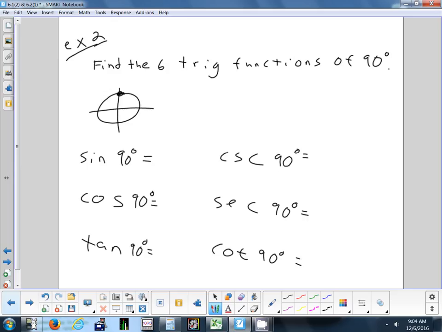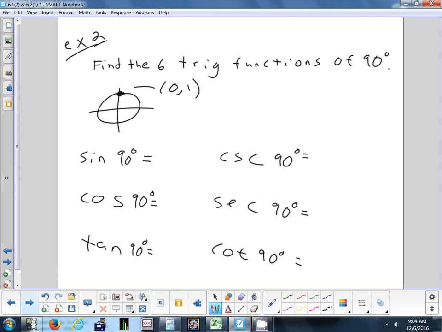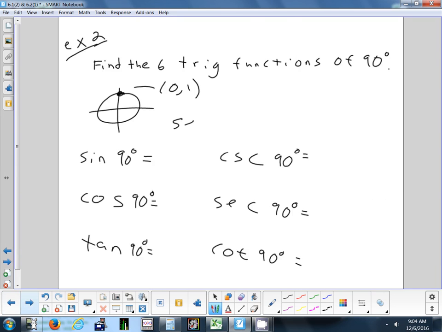Graph 90 and find the coordinate. Yeah, the coordinate is 0, 1, and we already did that problem. Okay, so all the answers to example 2 are from example 1a. The only thing you had to do first was find the coordinate.